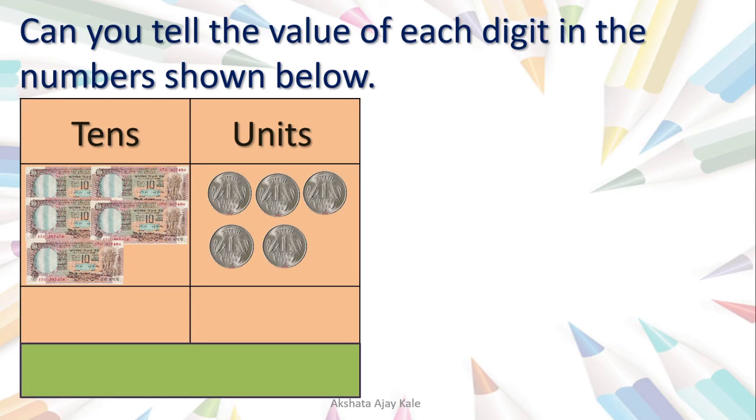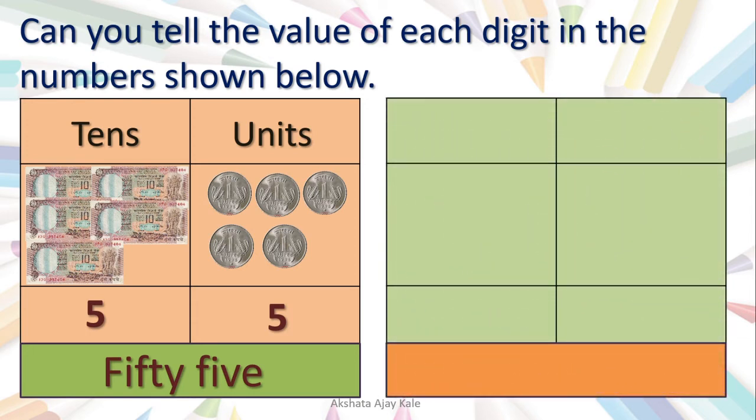Yes, 5. 5 ten rupee notes are there. So 5 tens and 5 units because 5 coins you can see. Right? So if you want to write the same thing in words, that is 50 and 5. That is 55. Isn't it? Correct?